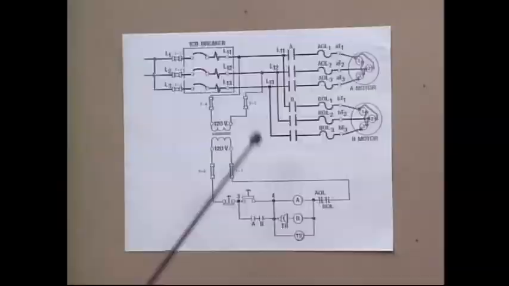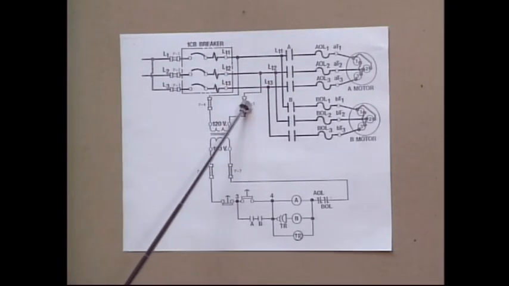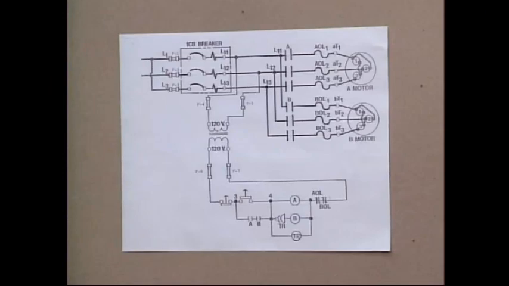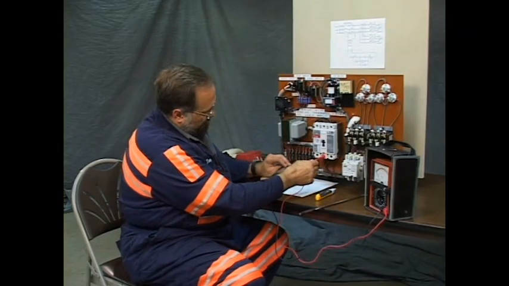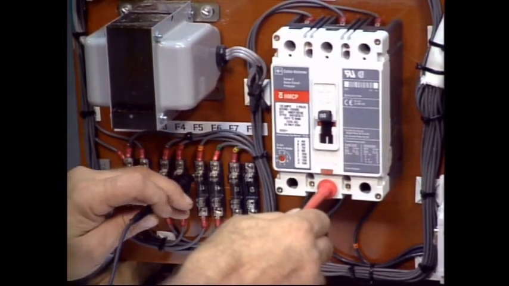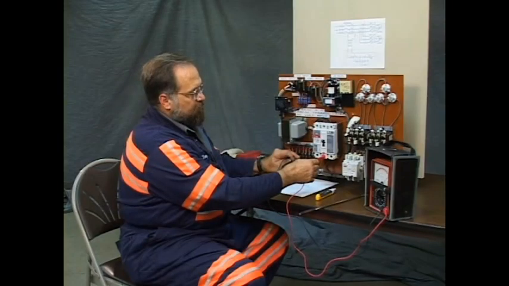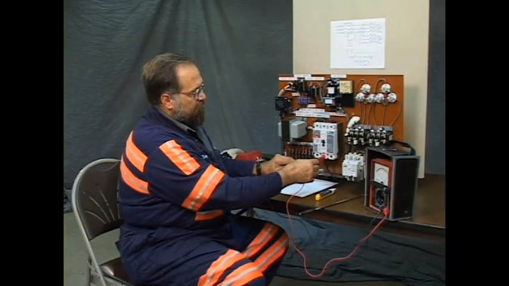Let's check the other leg, L12 to the line side of F5. F5, line side, no resistance there. Through it, the fuse is good.